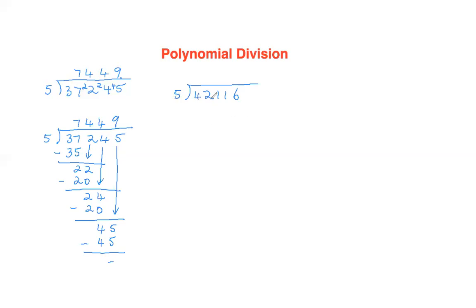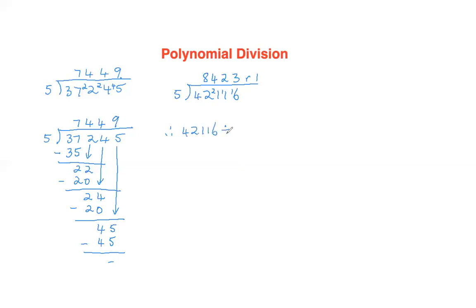So 5 into 42 goes 8, remainder 2. 5 into 21 goes 4 with a remainder of 1. 5 into 11 goes 2 with a remainder of 1. 5 into 16 goes 3, and we have a remainder of 1, and I'll just make a note of that up there like that.